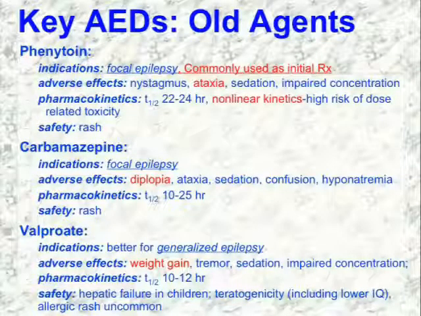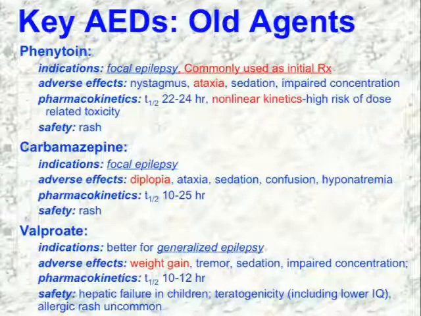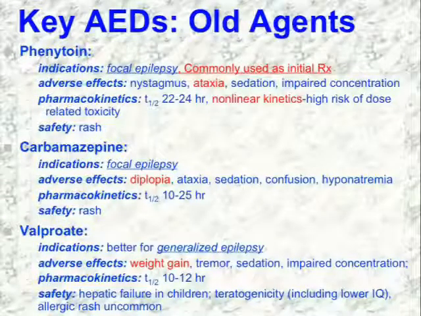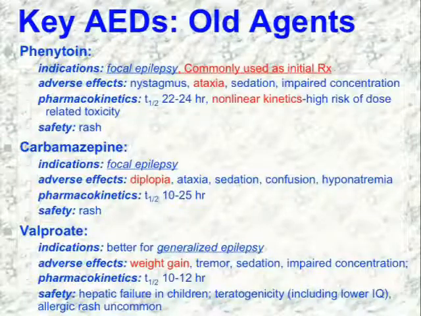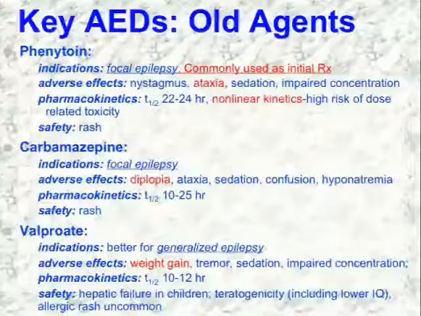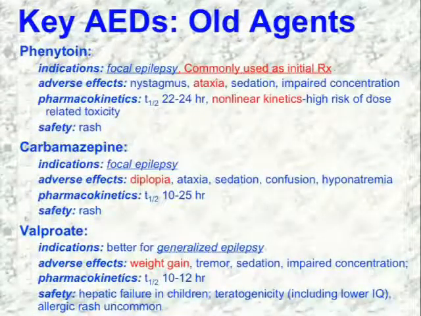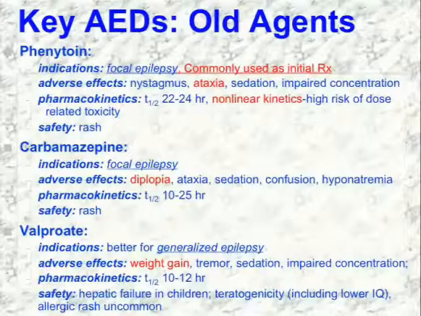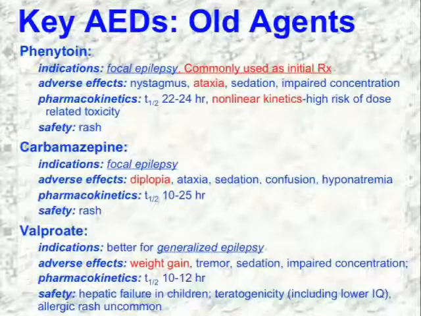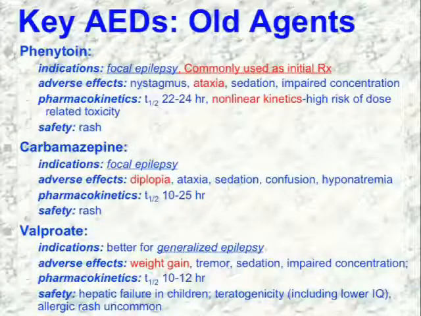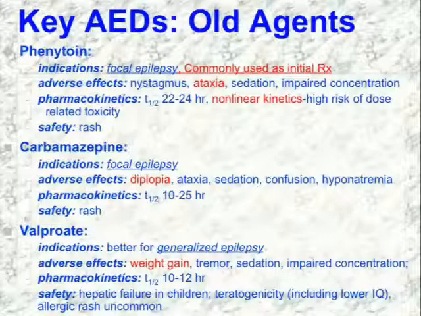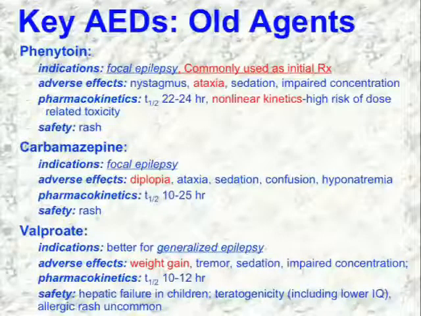Issues with this are weight gain, which most people dislike. There's a risk of hepatic failure, primarily in small children, that you have to watch out for. And the problem in adults is that in women of childbearing age, the risk of major fetal malformations is approximately 20%. And it also has been shown to lower the IQ of the offspring. So it's really just key to avoid using this in women of childbearing age if at all possible.